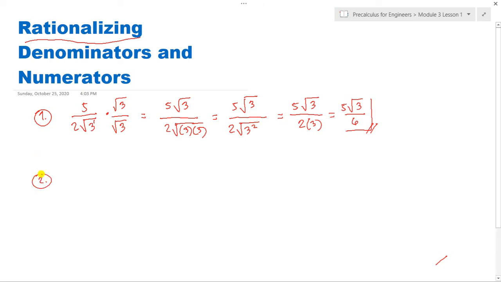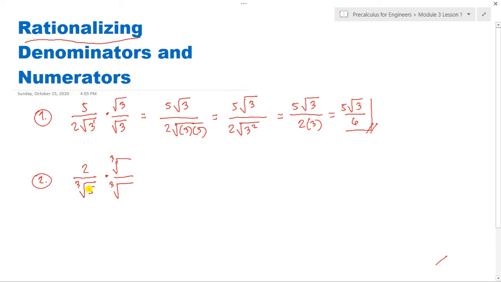So, for our second example, we are given 2 over cube root of 5. Again, class, multiply a certain factor that will make the exponent of the number 5 equal to your index. The index we use in the denominator is the same, so we have a cube root here and a cube root here.